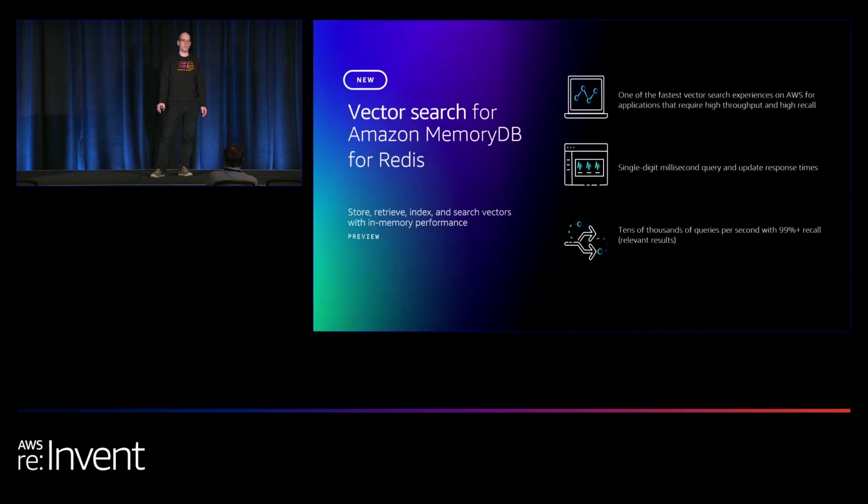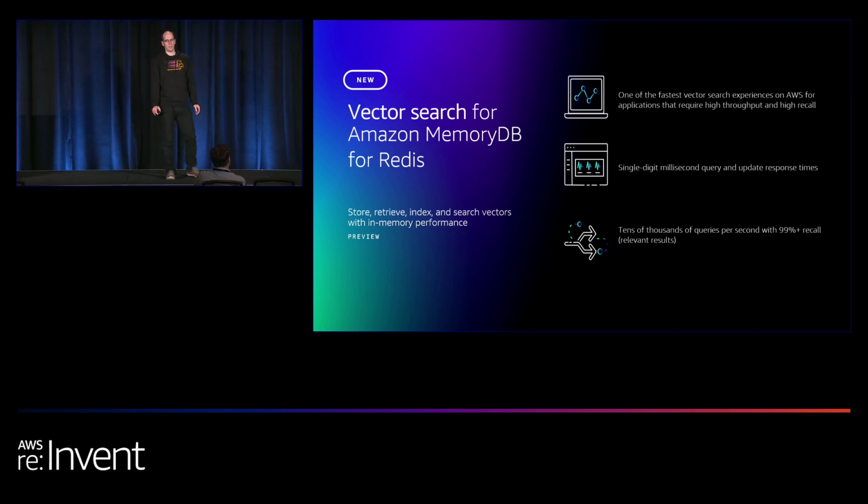So in the database keynote yesterday, we announced MemoryDB vector support in preview. MemoryDB is one of the fastest vector search experiences on AWS. It caters to AI and ML applications that push the boundary of raw performance. With MemoryDB, you can do vector query search in single-digit milliseconds.